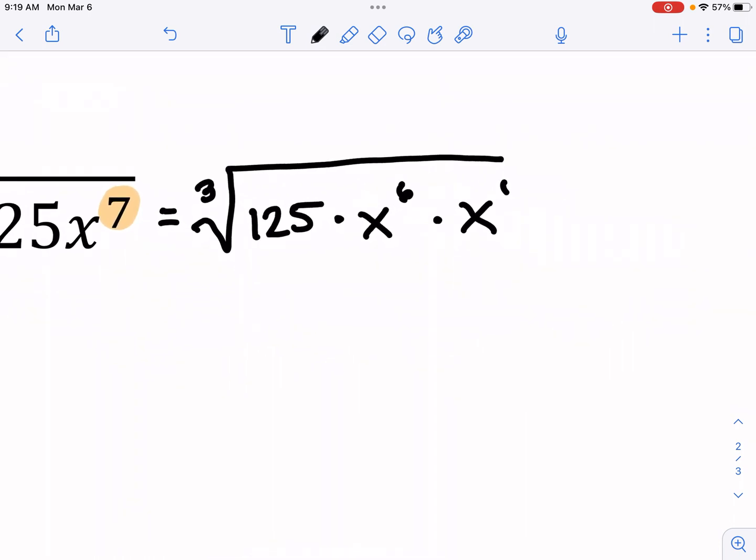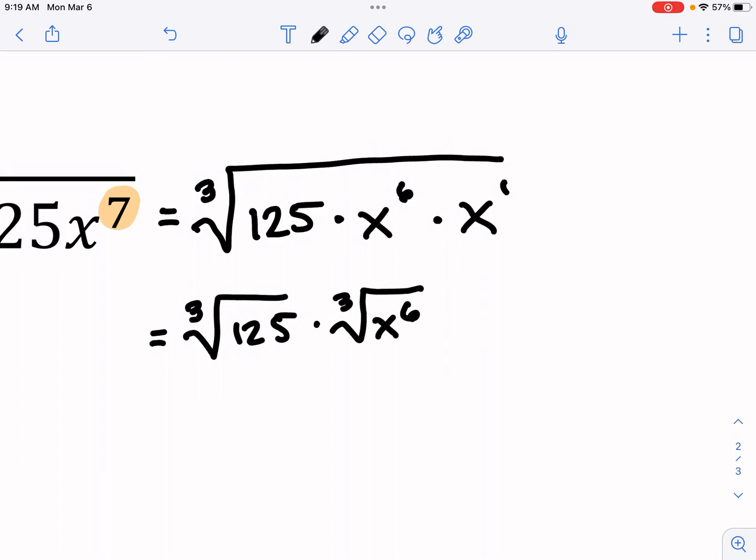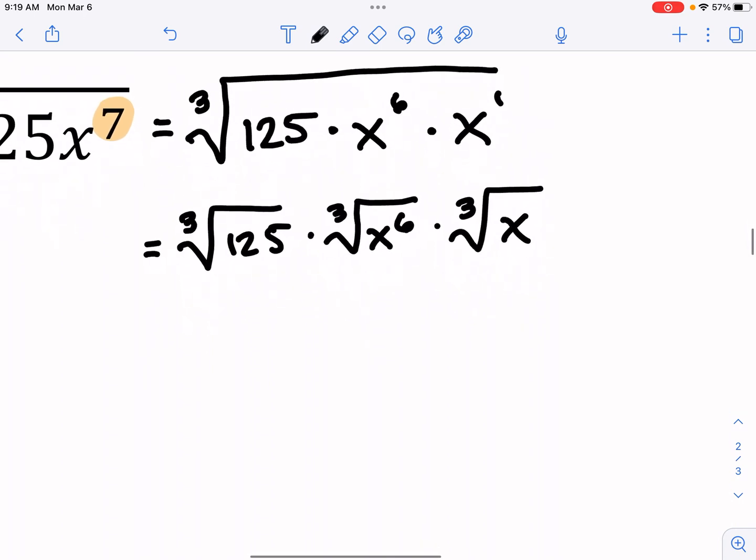Now we're going to separate each individual one. So cube root of 125 times cube root of x to the 6th power times cube root of x to the 1st power, but like I said, we're just going to keep that as x. Okay. Now to simplify each part, the cube root of 125, if you have your list of cubes, or you're thinking about what number times itself 3 times equals 125.